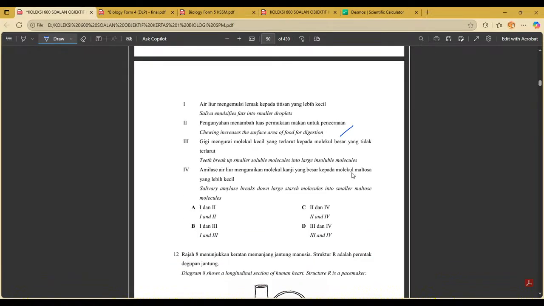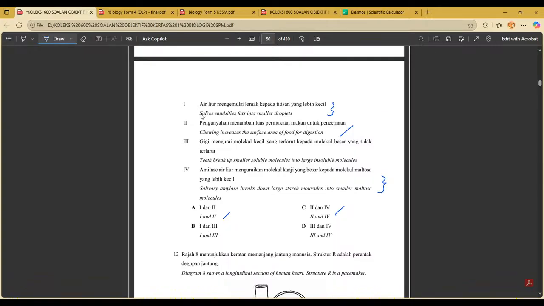Chewing increases the surface area of food for digestion. Okay. It's either one or four.